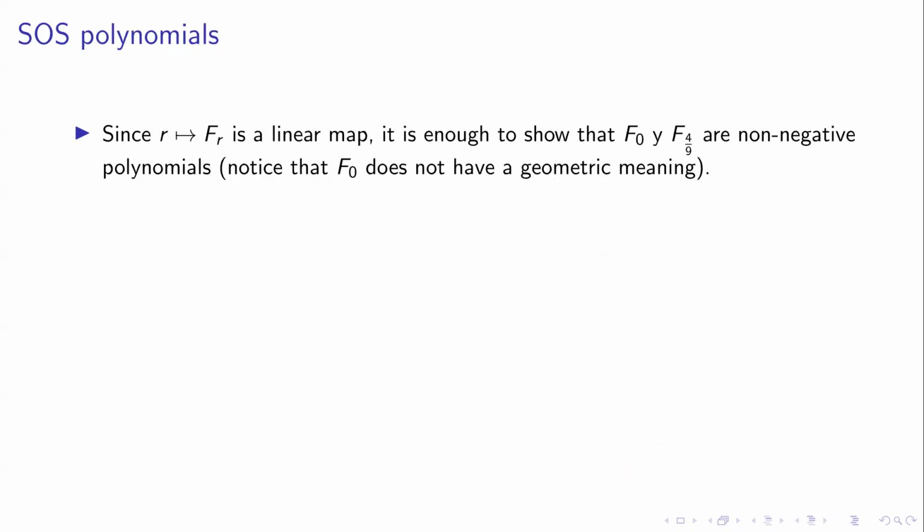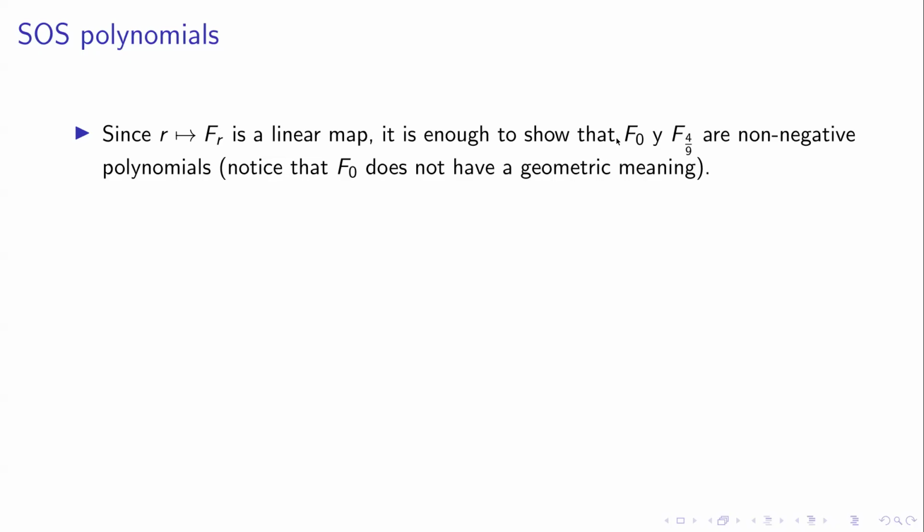One thing we can see from the previous formula is that if we fix all the variables, the map which sends R to the polynomial is linear, so it is enough to show that the extreme polynomials are non-negative. This F0 doesn't have a geometric meaning, it's a formal polynomial, but it is well defined.